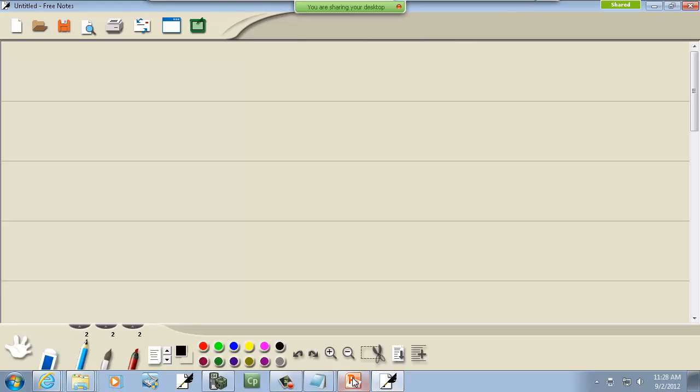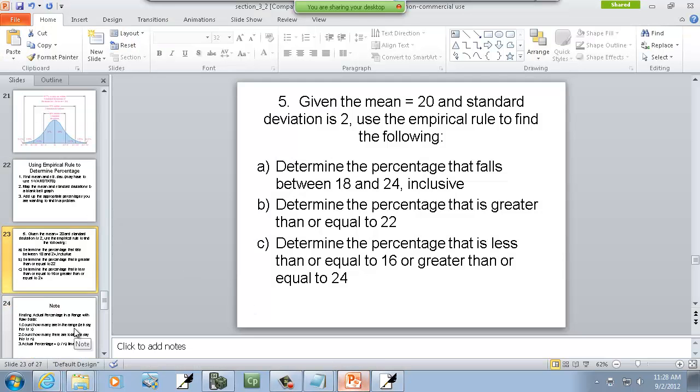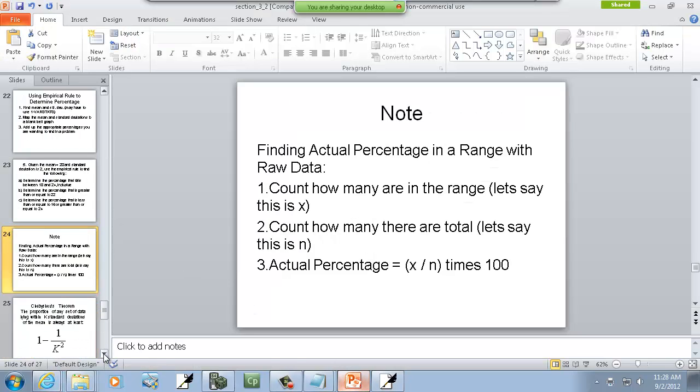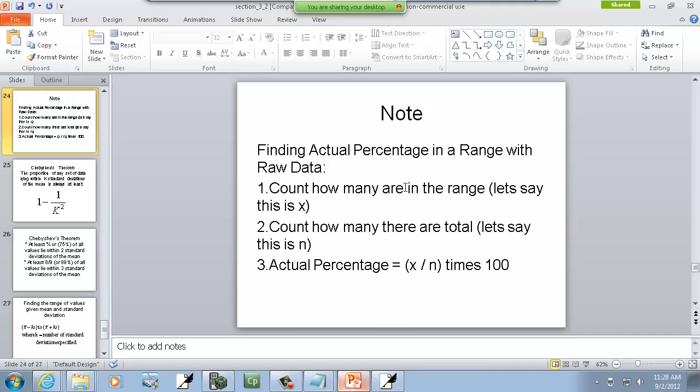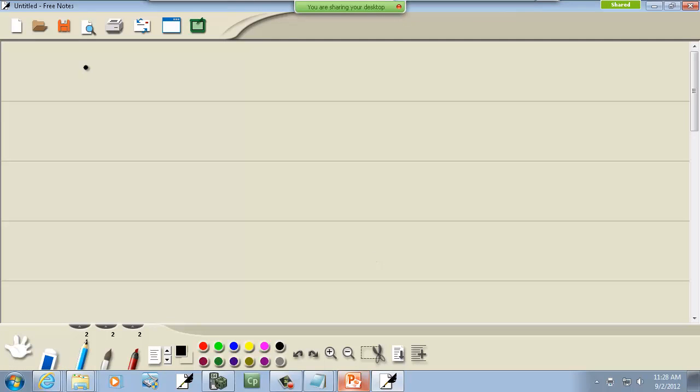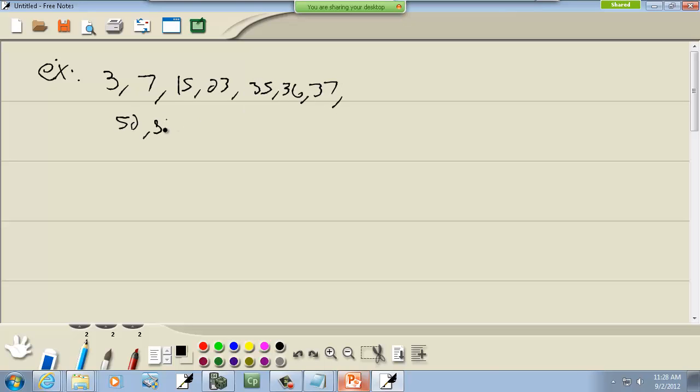Okay, let's go back to here. Now this is a note on if it asks you to find the actual percentage in a range with raw data. For example, let me work one over here. Given 3, 7, 15, 23, 35, 36, 37, 52, 81, and 103.